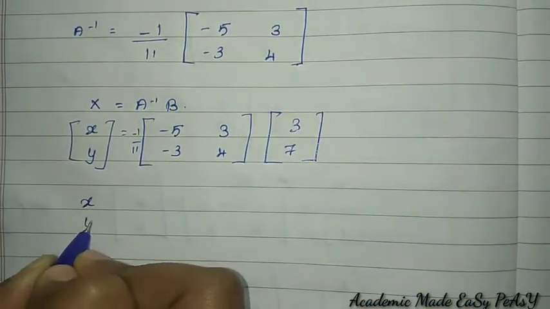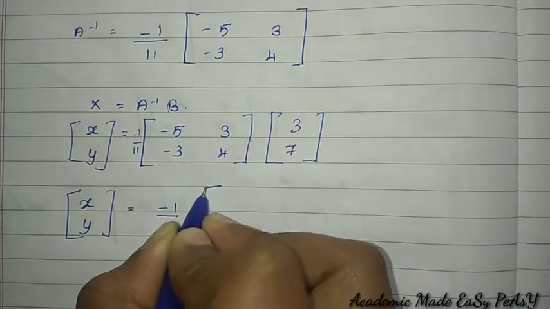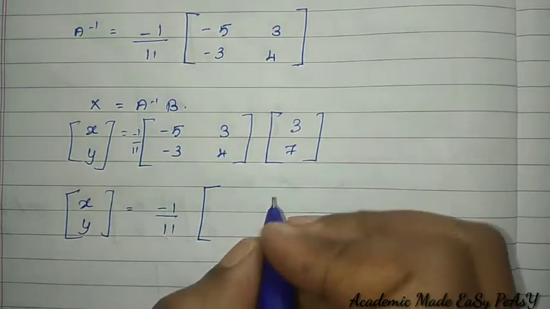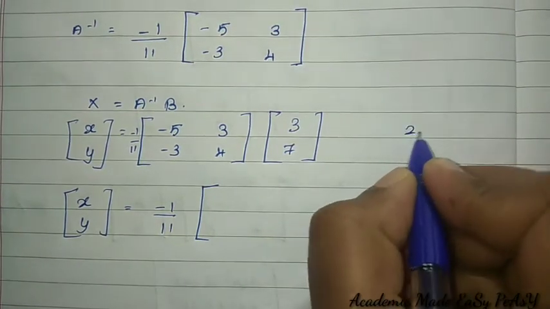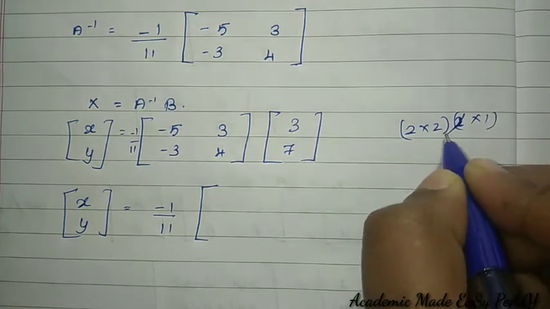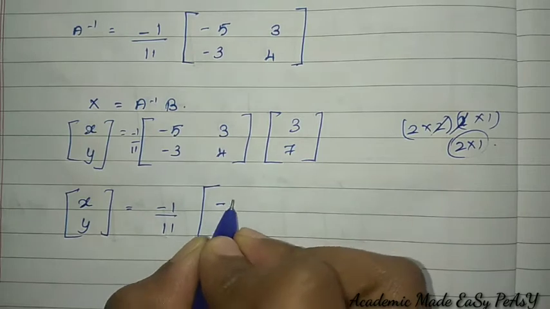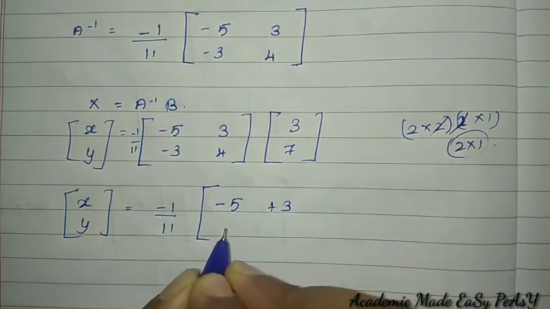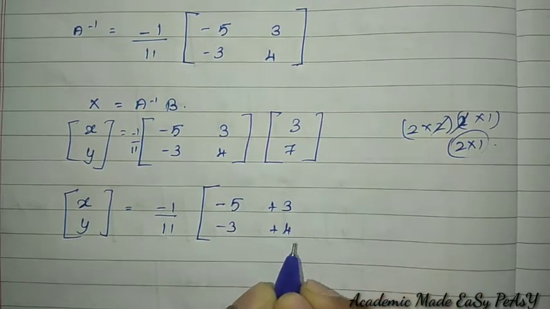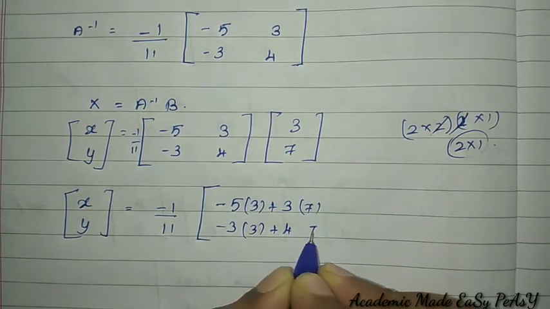So XY is equal to minus 1 by 11, and I will be multiplying these two. So this will be of the order 2 by 2 into 2 by 1. So I will be cancelling these two. So 2 by 1. So minus 5 plus 3, minus 3 plus 4, with 3, 7, 3, 7.